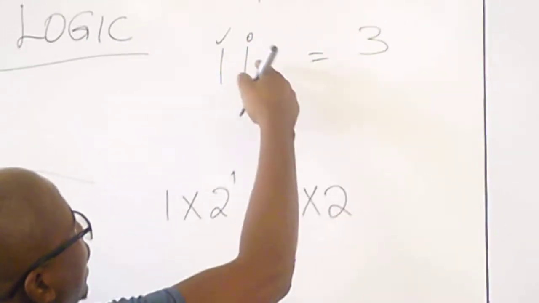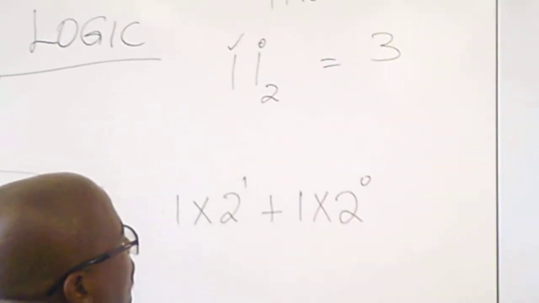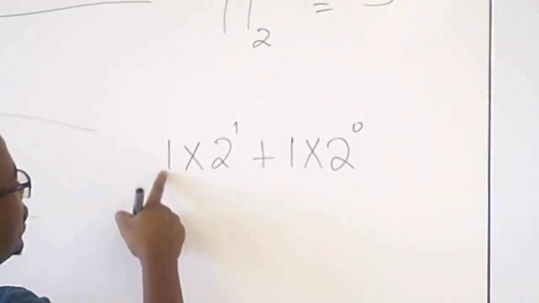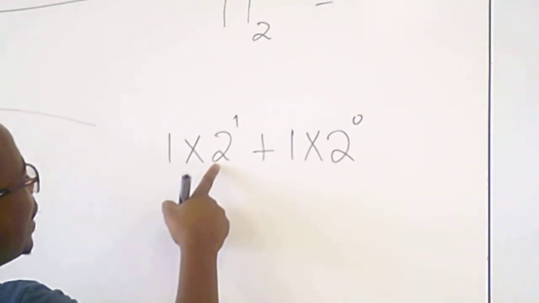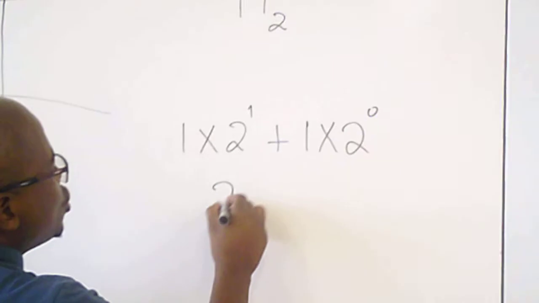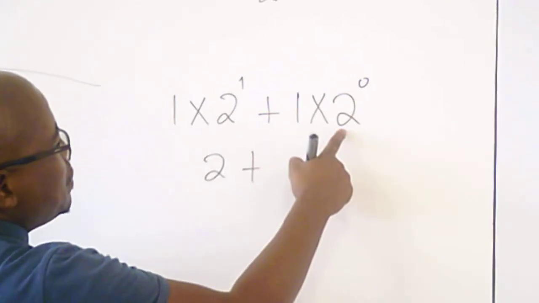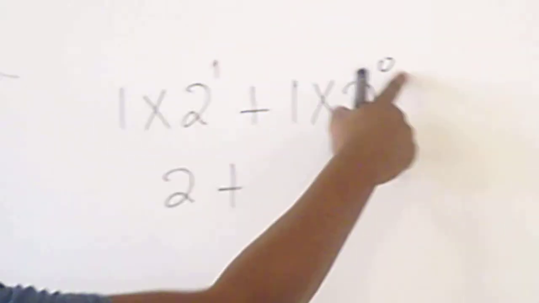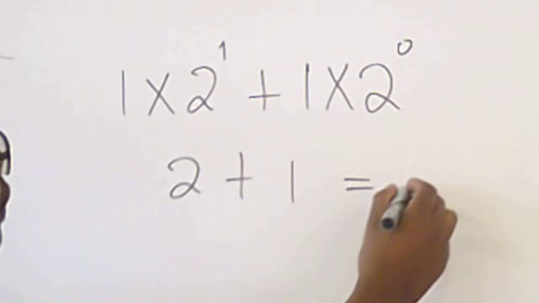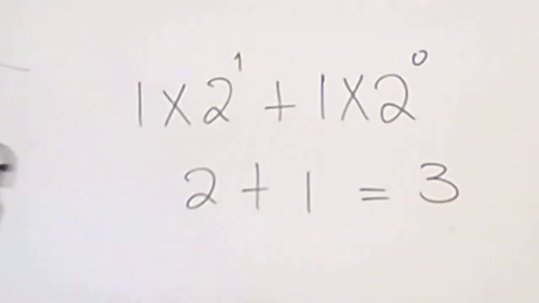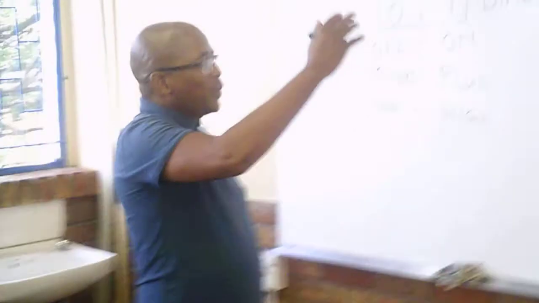There's nothing behind this one, so it becomes a 0. Now this multiplied by 2 to the power 1 is a 2. Plus this multiplied by 2 to the power of 0 is a 1. That will give us 3. That is how we are going to read.